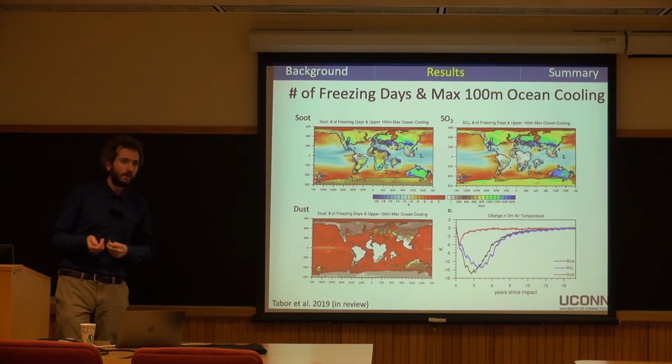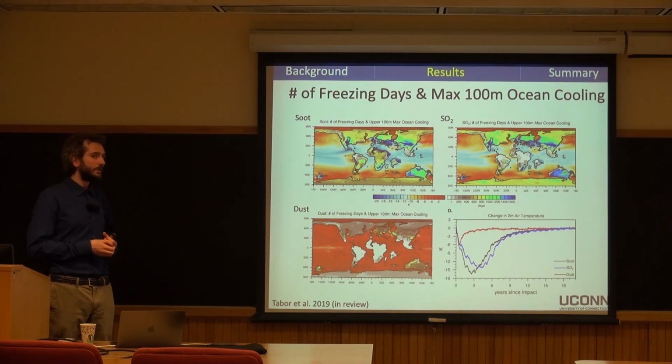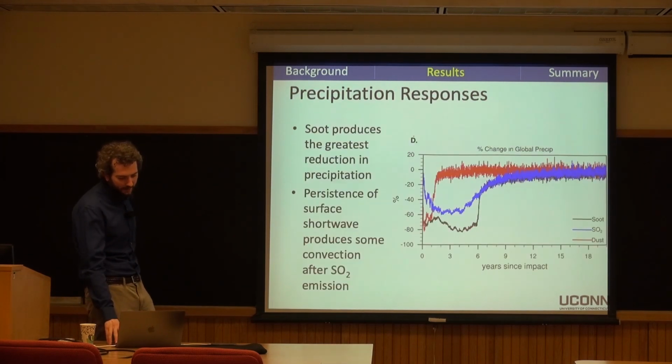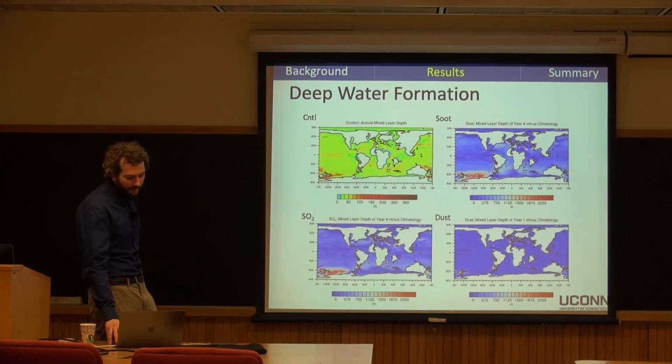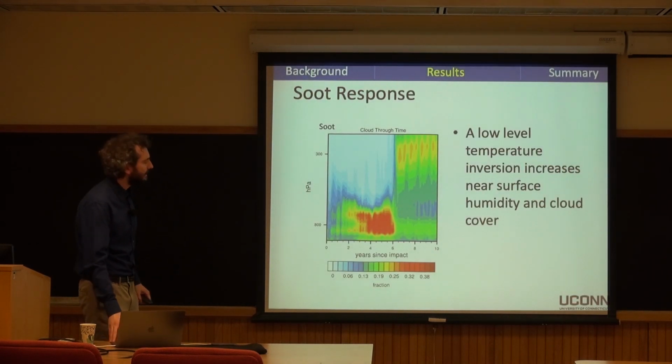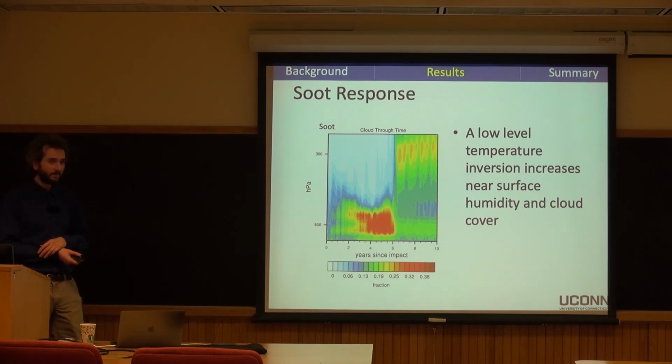Well, actually, water vapor does decrease somewhat, but saturation gets very high as well, so you're not really raining things out as much. And something that I didn't really touch on here is the inversion that develops due to the soot.